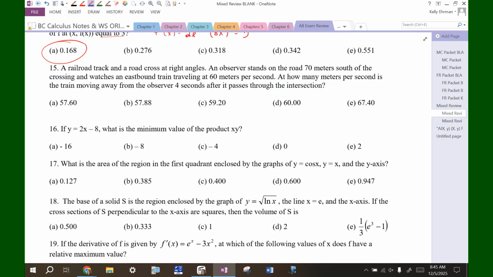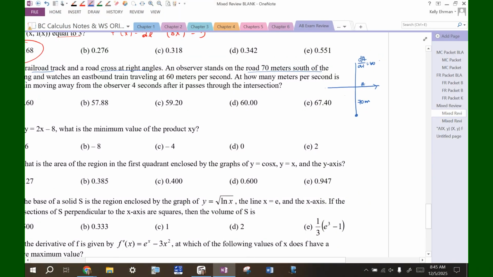All right, number 15. A railroad track and a road cross at right angles. An observer stands on the road 70 meters south of the crossing. Just get this picture going. Someone is 70 meters south of the crossing, and they watch an eastbound train traveling at 60 meters per second. Let's call this A. dA dt is 60 meters per second, positive, because it's increasing from the origin there.